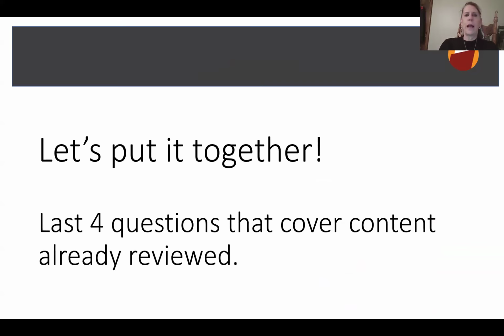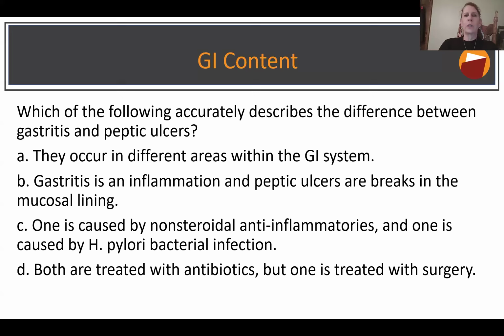All right, so let's do our last 4 questions. Which of the following accurately describes the difference between gastritis and peptic ulcers?